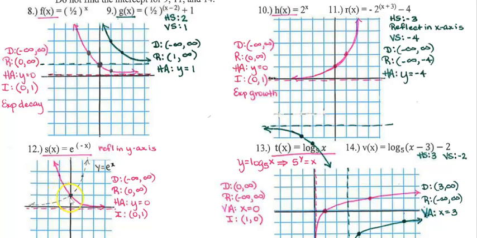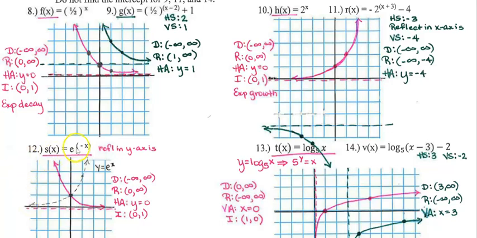So again, you can see I've got the y-intercept at 1, I've got the horizontal asymptote at 0, and if I plug in x equals 1, then I'm going to get e, which is 2.7. And so that would be the only point I need to then be able to sketch my natural exponential function.